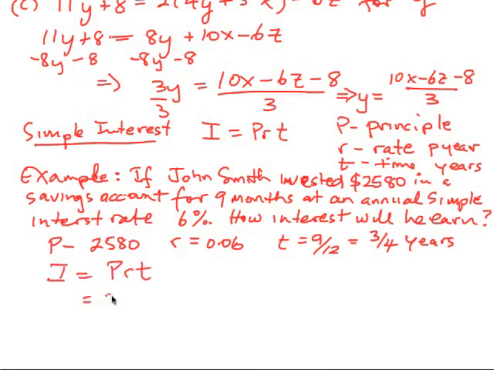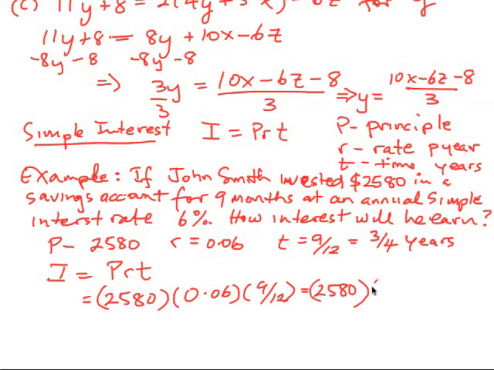Okay, so the interest that he earns is going to be PRT. So this is going to be 2580, times the rate, which is 0.06, times 9/12, which is 3/4, which is 0.75, of course. So it's 2580 by 0.06 by 0.75.